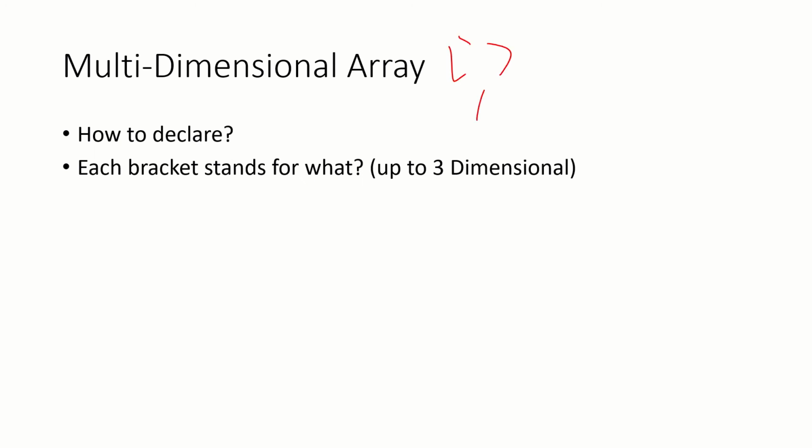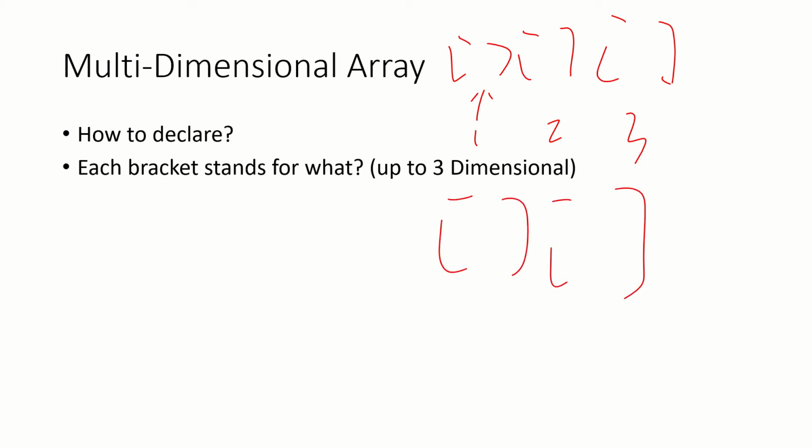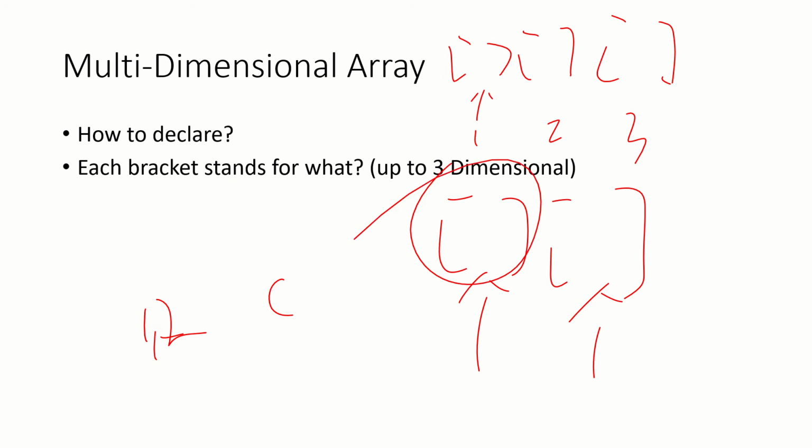The first is the first dimension, second is 2, third is 3. For the two-dimensional array, it stands for row and column. The first bracket stands for row, then column.